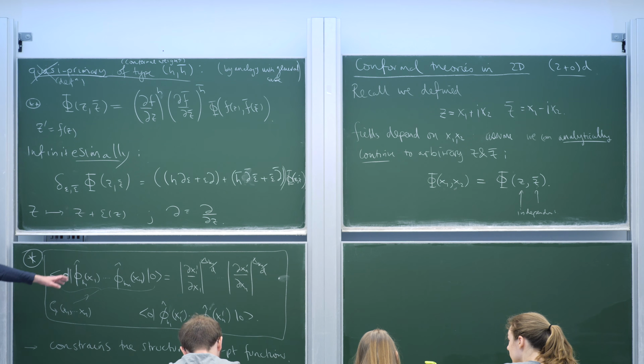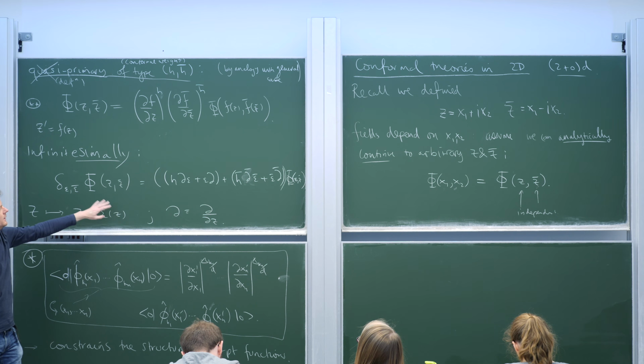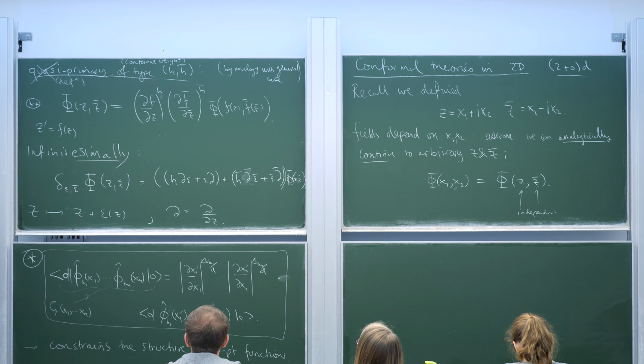It's just a straight-up matter of expanding the right-hand side to order epsilon and taking the difference between the left-hand side and the right-hand side.